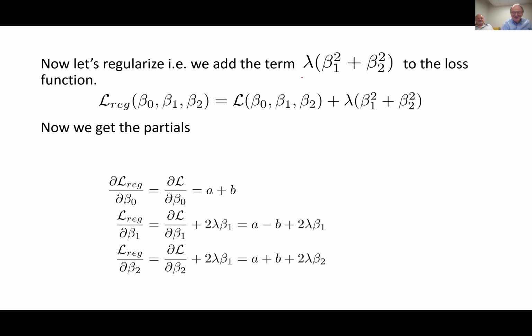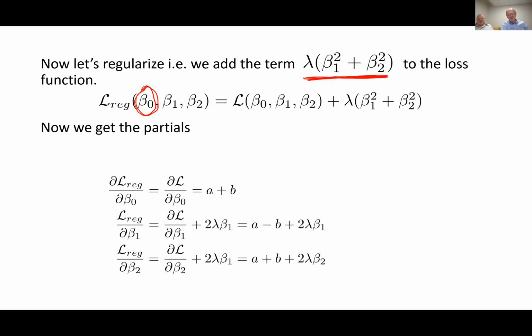So let's try to regularize it. That means we add a term like this. For many reasons, we don't regularize on the constant term here, the one that corresponds to the constant term in the equation for the line that we're getting.